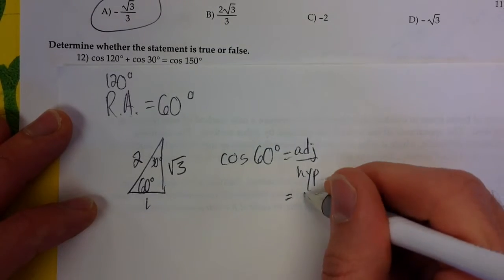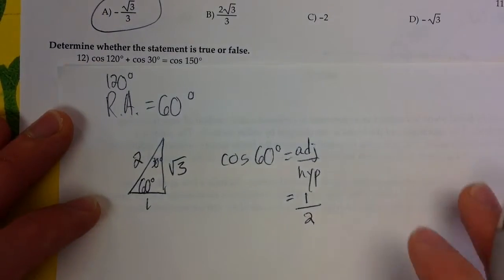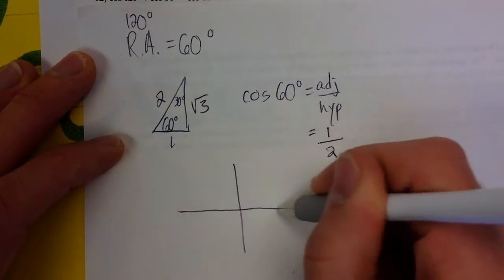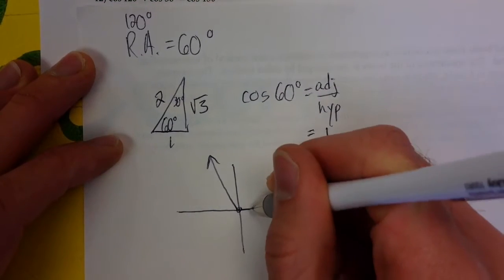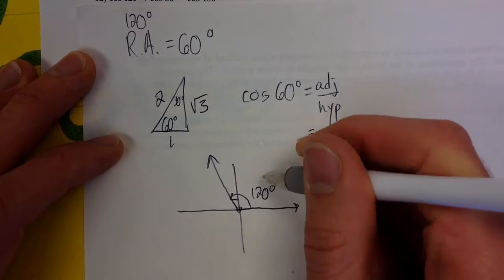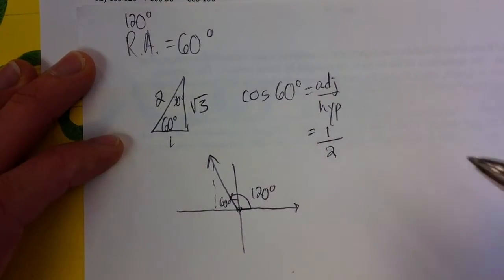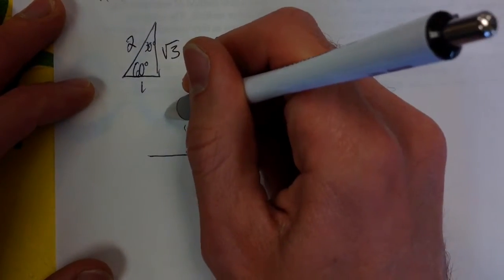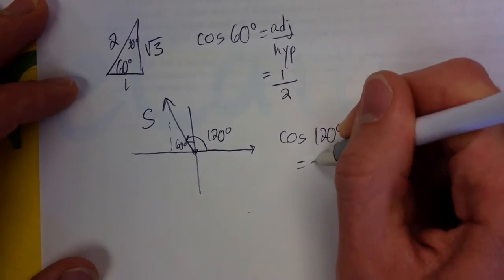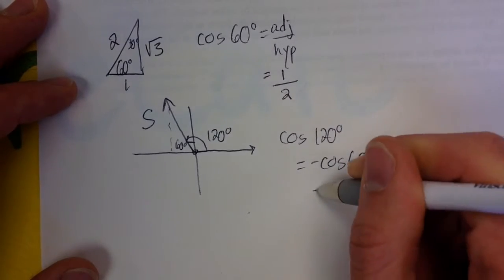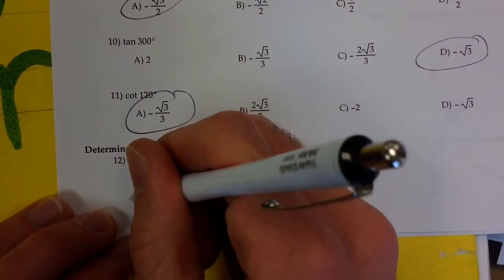So the adjacent is 1. The hypotenuse is 2. And because 120 is in the second quadrant, and because the x's are negative over here, it's negative. So negative 1/2.